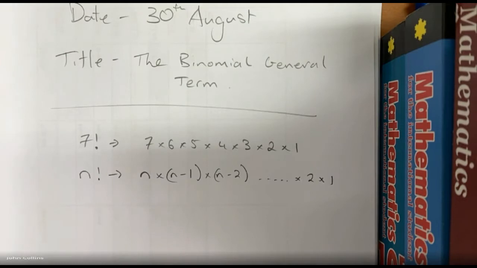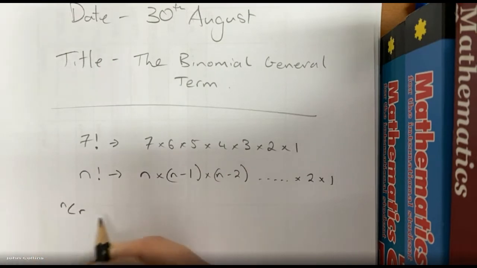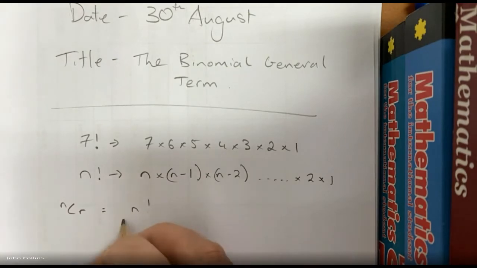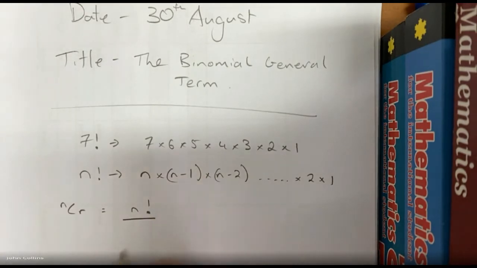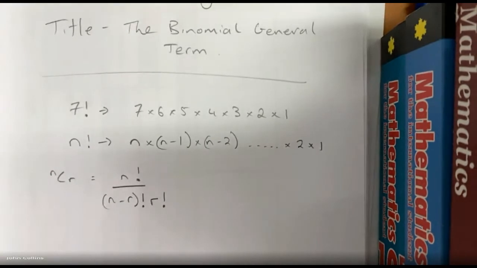And this led into nCr, written like this, and this had a formula: n factorial over n minus r factorial multiplied by r factorial, which seemed very complicated indeed, but luckily enough we had a calculator button that would get that for us.